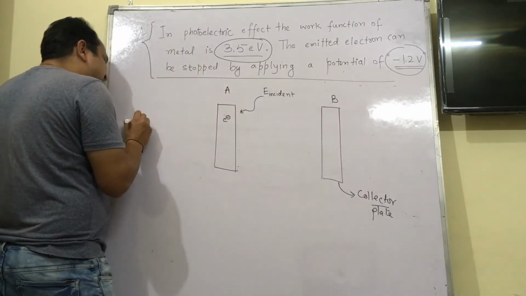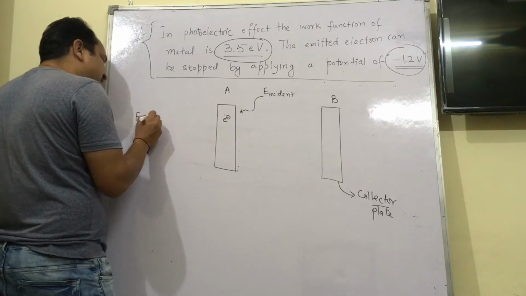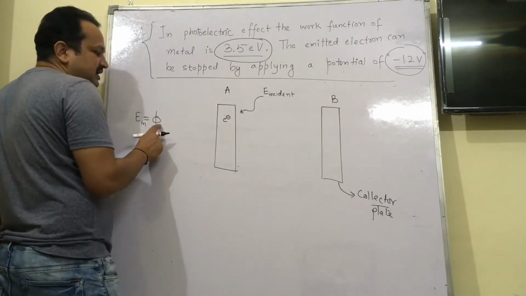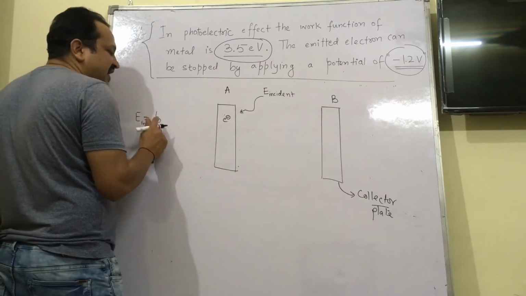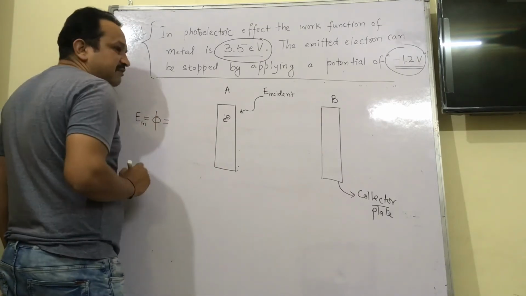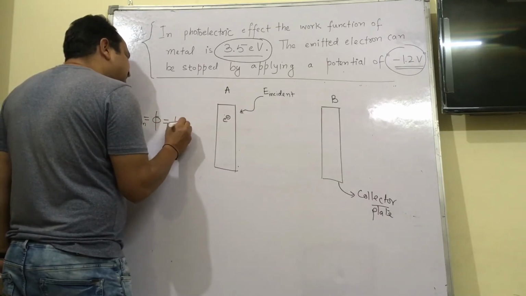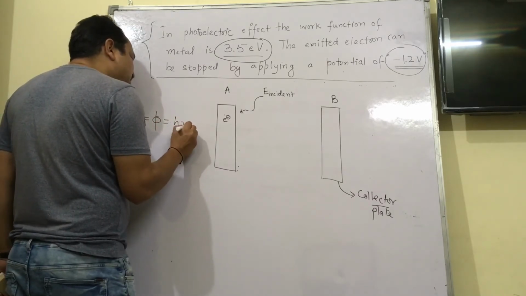If this incident energy is equal to the work function, written as phi, what does it mean? Suppose this energy is h nu naught.